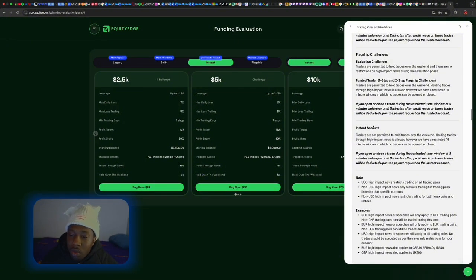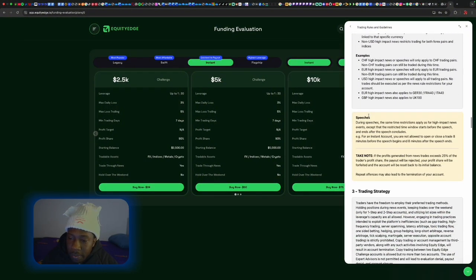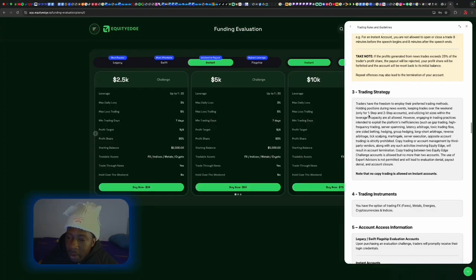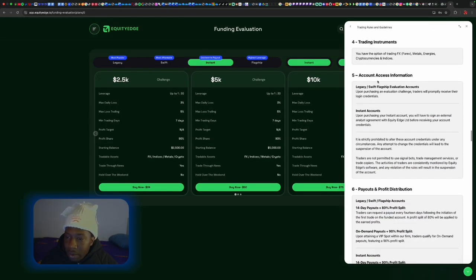So this rule is saying I don't need to open trades in the 16-minute window around the news. If I open trades in this period, they are going to reduce my money on the withdrawal. So I don't need to trade on news.